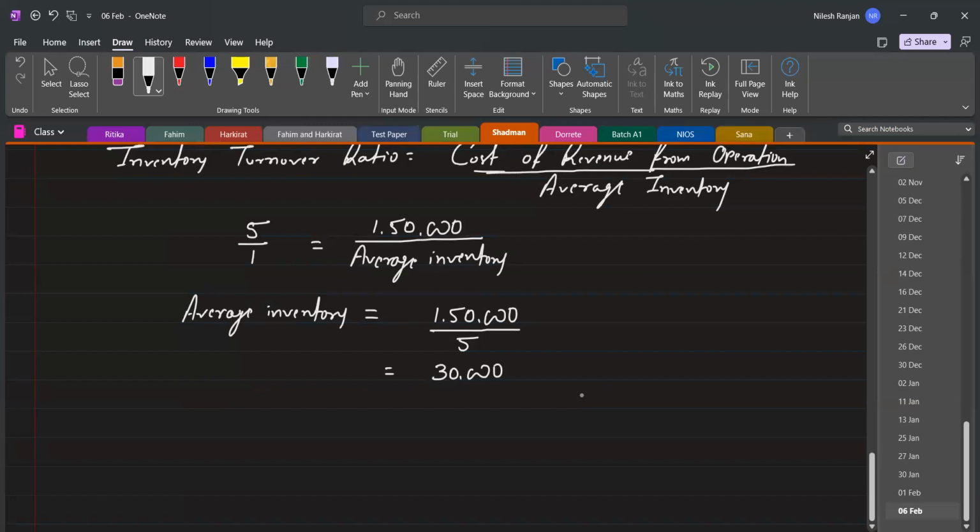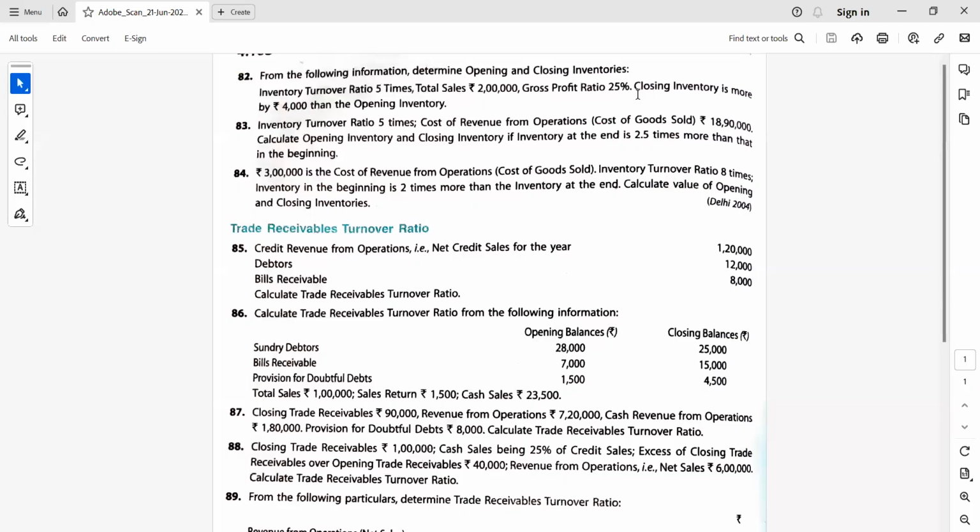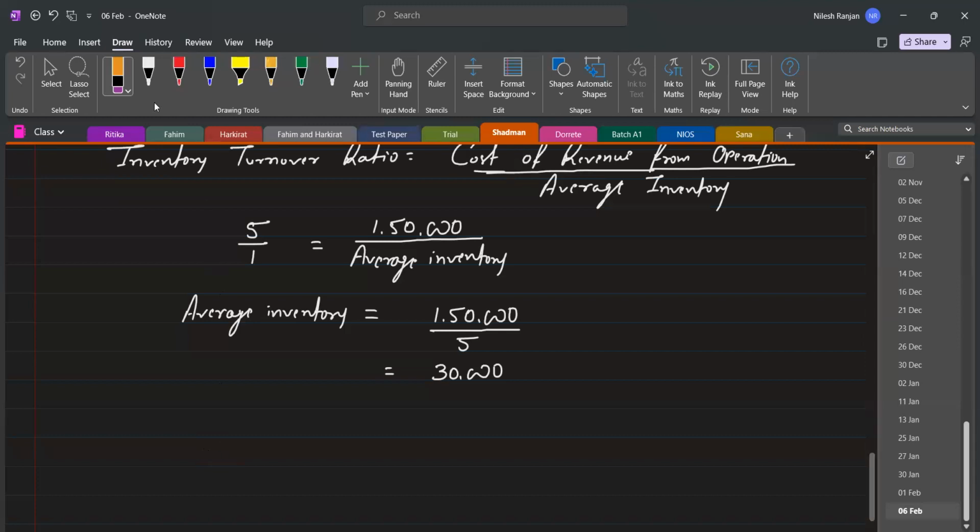Yes, sir. Okay. Now the formula of average inventory is opening inventory. Okay, wait. Before writing this formula, there is last information given here. Closing inventory is more by 4,000 than the opening inventory. So closing inventory is more than opening inventory by 4,000.